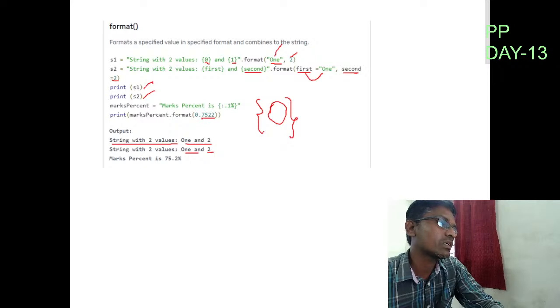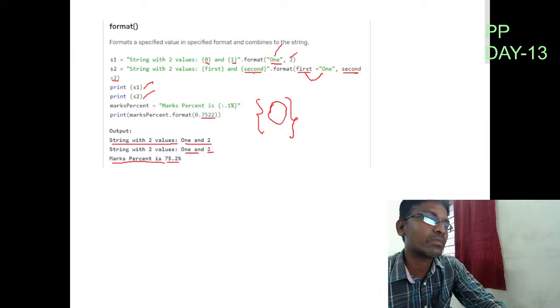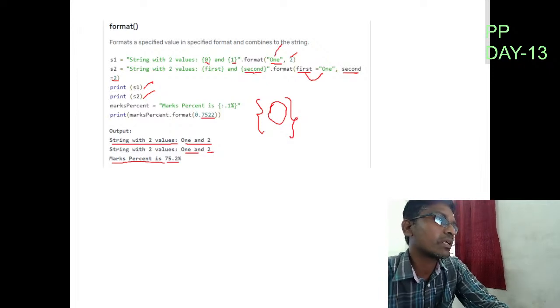I mean only after the dot it will print only one number. So print the marks percentage dot format 0.7522. Then I got the output: marks percentage is 75 dot followed by 2. So that is the format function. It will be used for holding values.